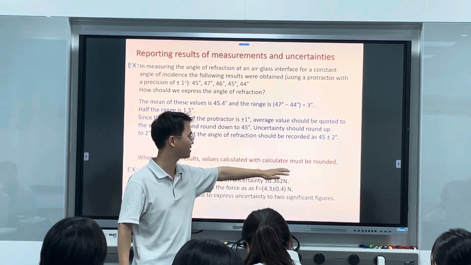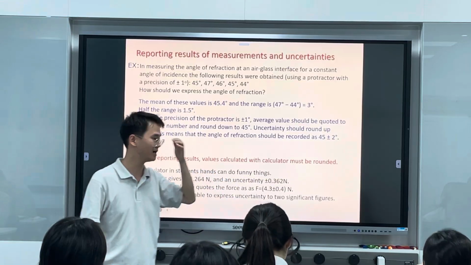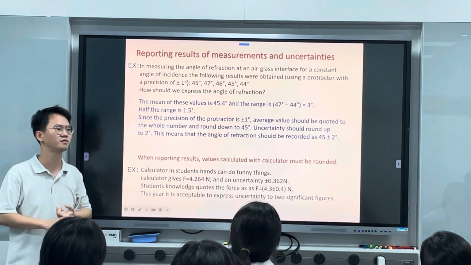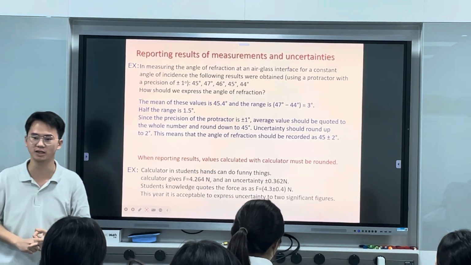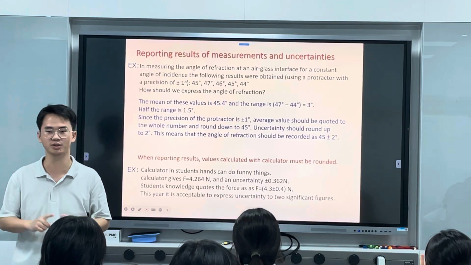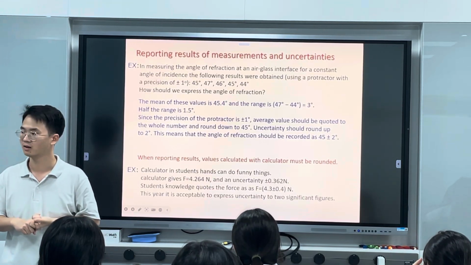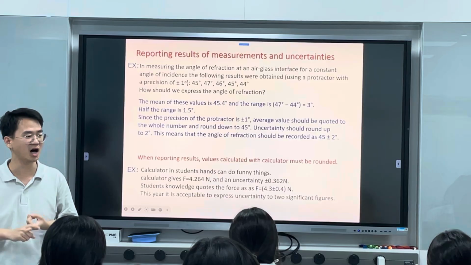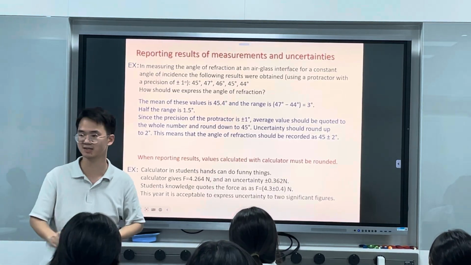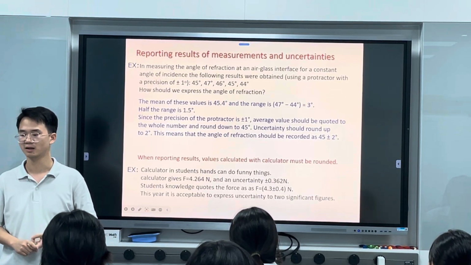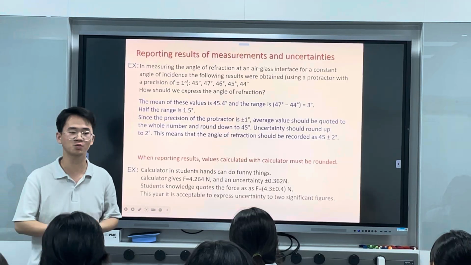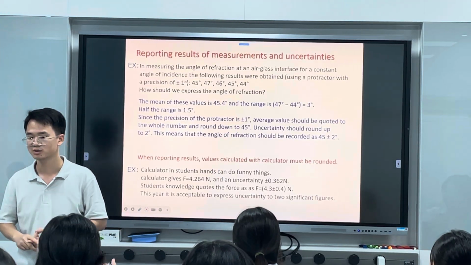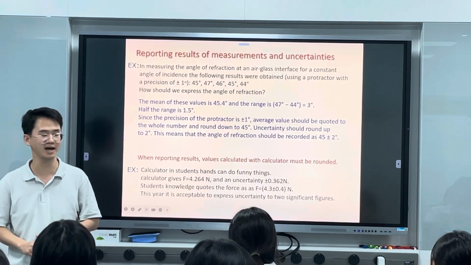values calculated with a calculator must be rounded, right? What is the rule? First of all, the absolute uncertainty at the end that you calculate should only have one significant figure. But there is an exception. What is that exception? When the leading number is 1, then you can have 2 significant figures, okay?